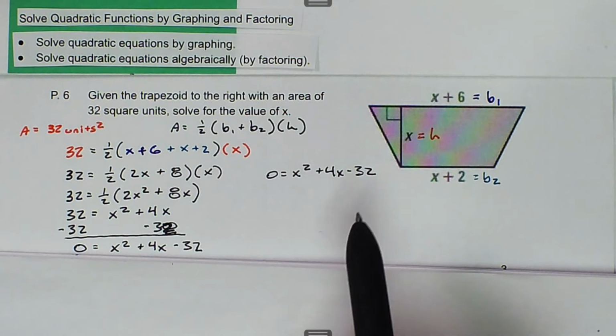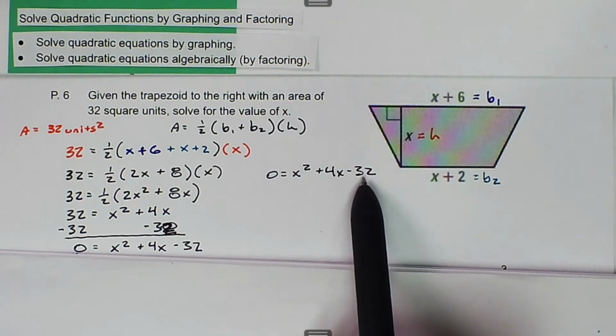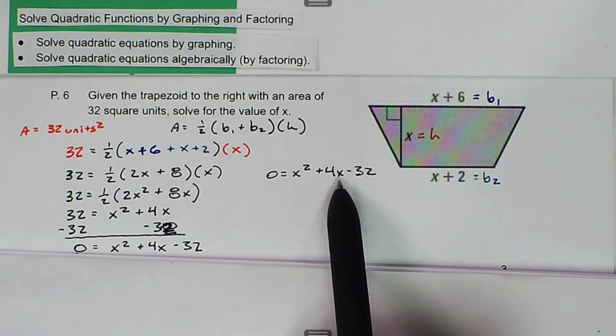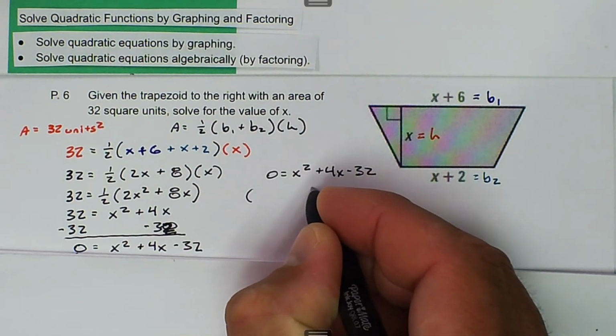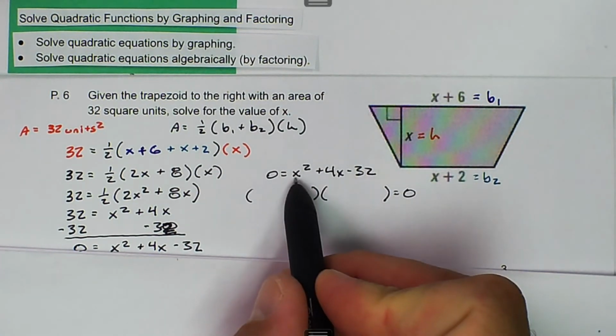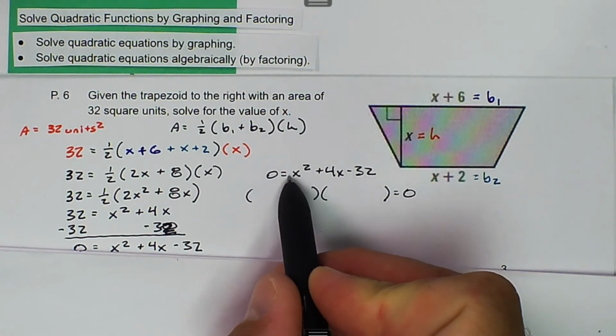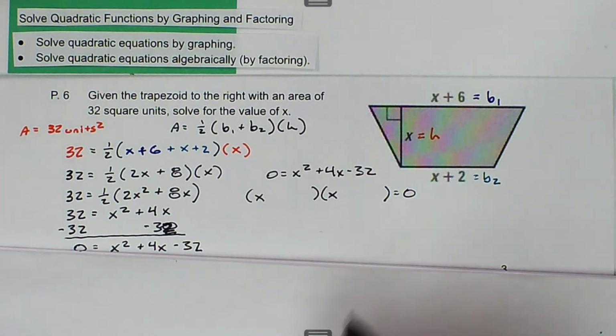What we need to do is find two numbers that multiply to negative 32 and add to positive 4. Something that helps us out is having a lead coefficient of 1. So I know that this has to be x and this has to be x.